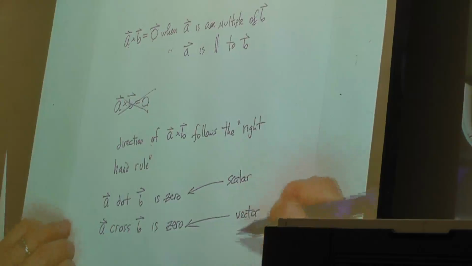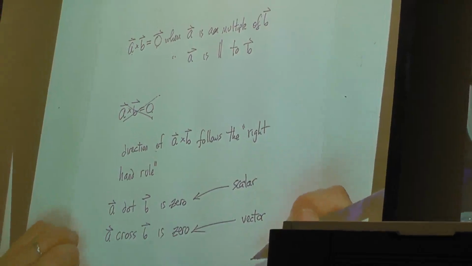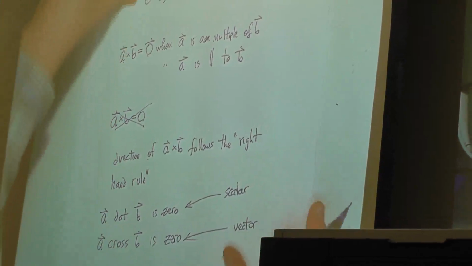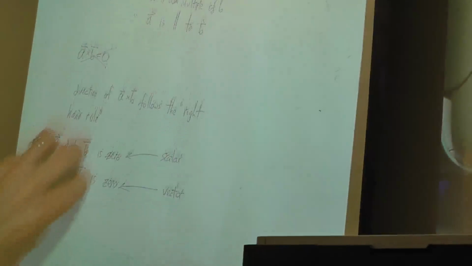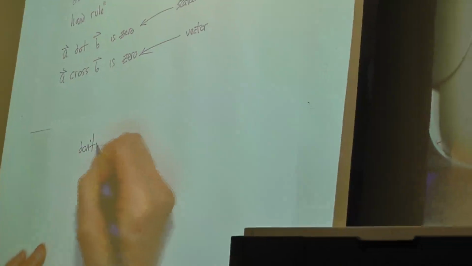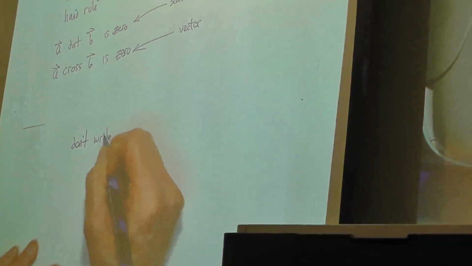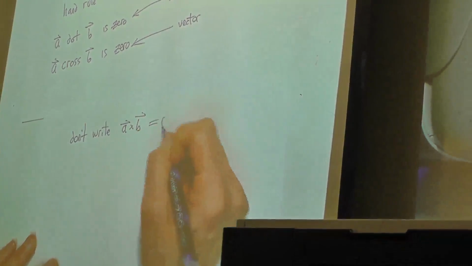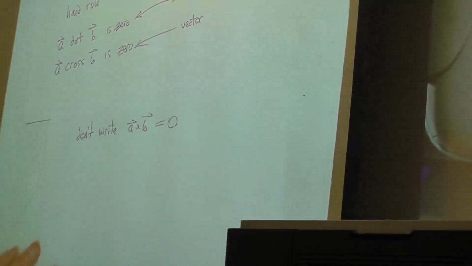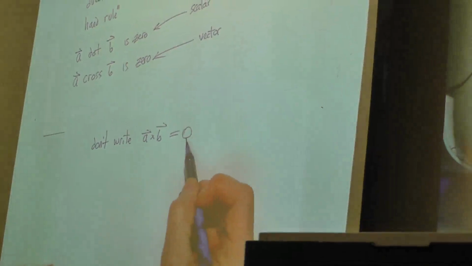Now, what I'm talking about here is just language, spoken. What I'm, in a practical sense, saying is, don't write A cross B equals 0, because that will never be the case. That's a number.